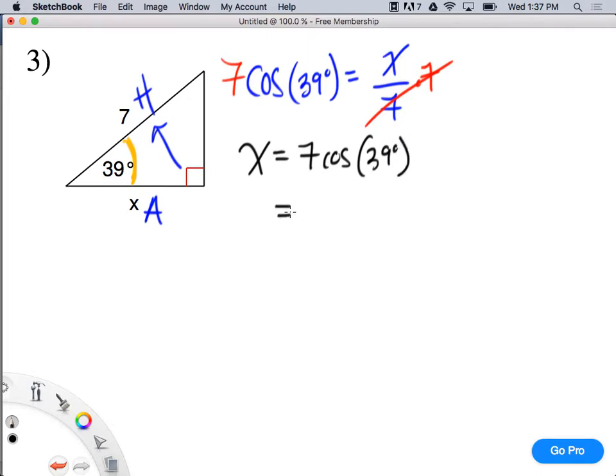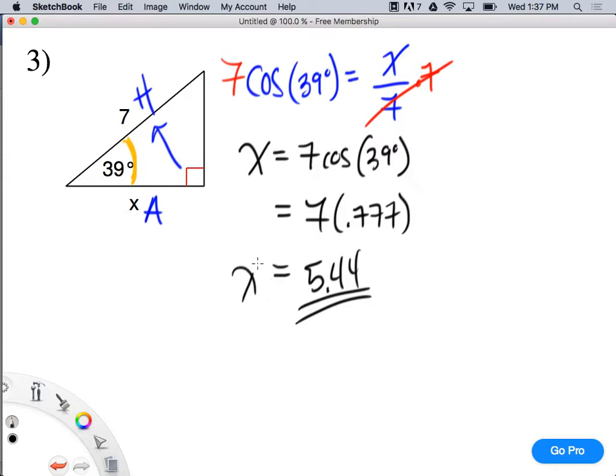I go into my calculator. I figure out that the cosine of 39 degrees is 0.777. So it's 7 times 0.777. I multiply that by 7, and I get 5.44. So x equals 5.44. That's my final answer.